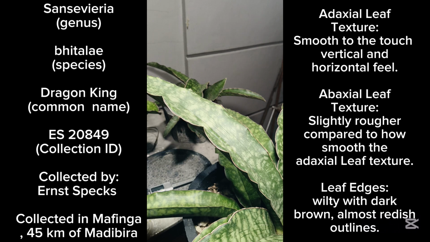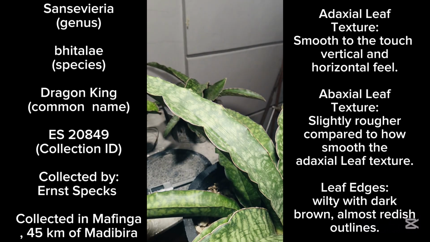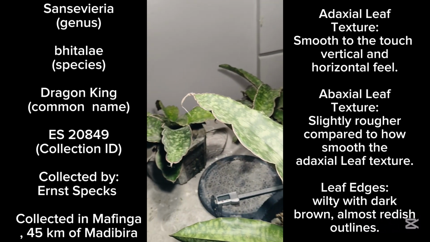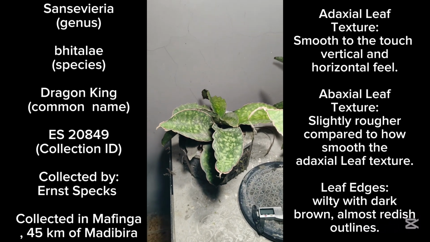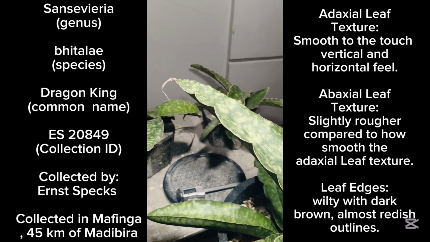All right, so it's just around 7 inches, perhaps 7 to 8. Very short, but in form they're wider in comparison to Dragon King. So that's why maybe the locality would name it as Dragon Wing.